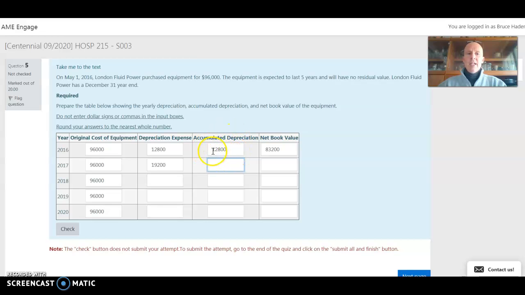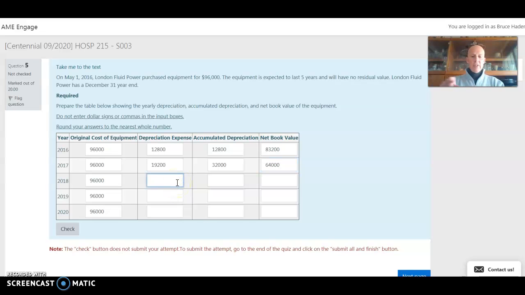We take the $12,800 from 2016, add it to the $19,200 for 2017, and that gives me $32,000. I find it's easiest just to go back to the original cost of the equipment and subtract the accumulated depreciation, which is $96,000 minus $32,000, which is $64,000.